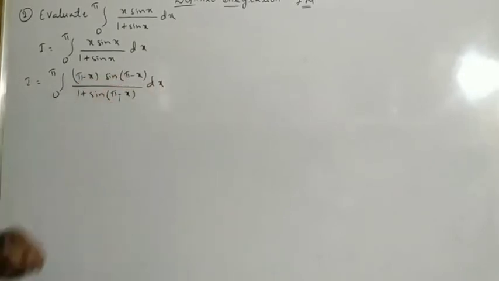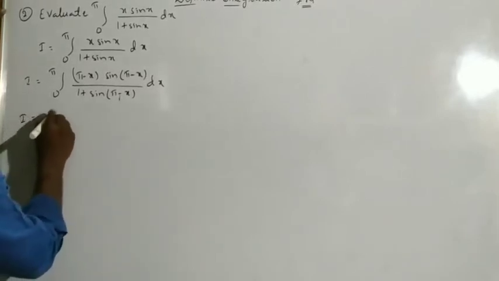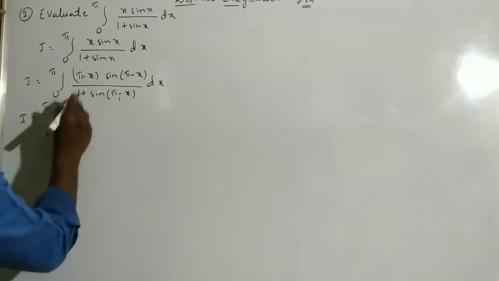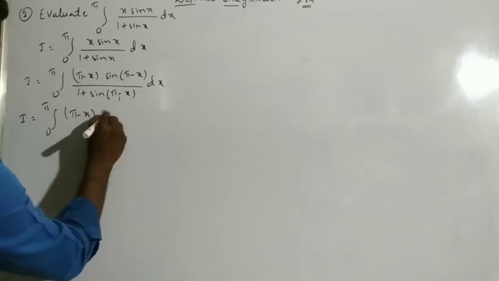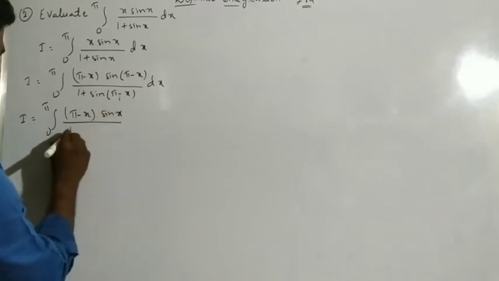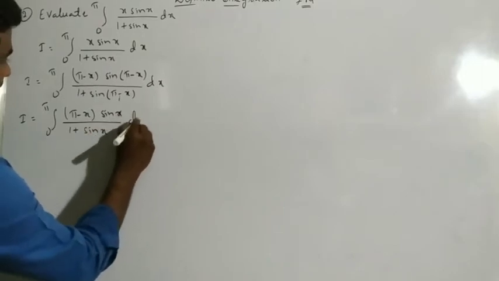So pi is nothing but 180. Sine of 180 minus theta is nothing but second quadrant. In the second quadrant, sine theta is sine theta only, and that becomes positive only, because according to all silver teacups. I equals integral from 0 to pi of pi minus x times sin x by 1 plus it is also sin x dx.